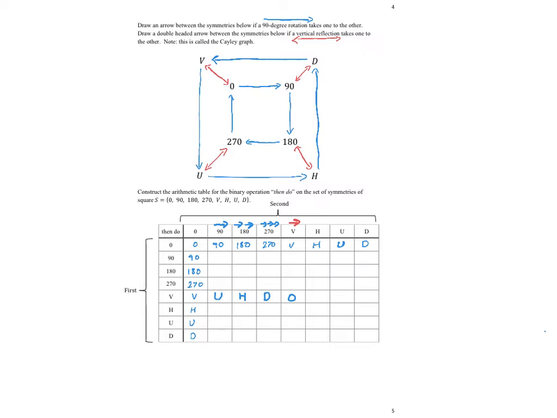Okay, so the next one that we're going to do is an H. And maybe this one is a little bit more complicated. How do we perform an H? So we need to track the arrows.